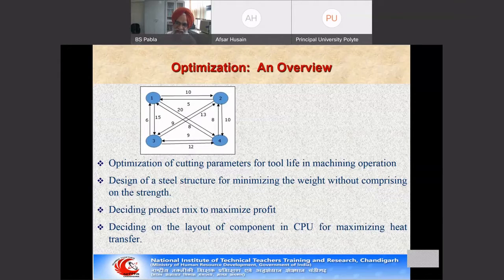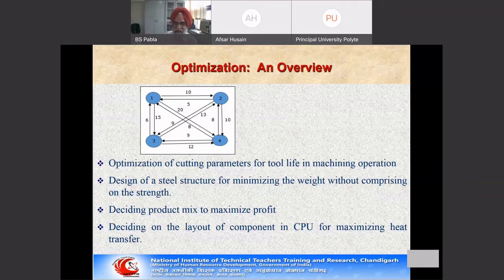In our example, let's say what should be the placement of the machines in a machine shop so that my criteria is maximized or minimized. My traveling distances are minimized. My backtracking is minimized. Backtracking means components coming from the further machines back.